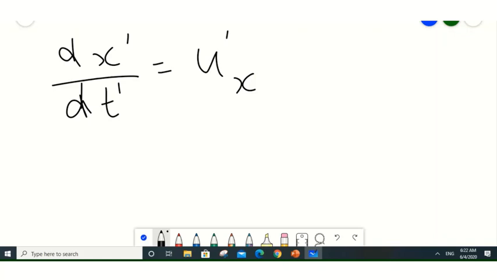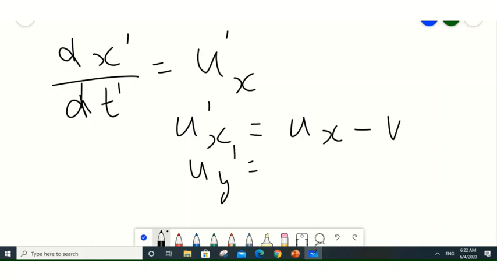So the velocity transformation equations are ux dash is equal to ux minus v, uy dash is equal to uy, and uz dash is equal to uz.